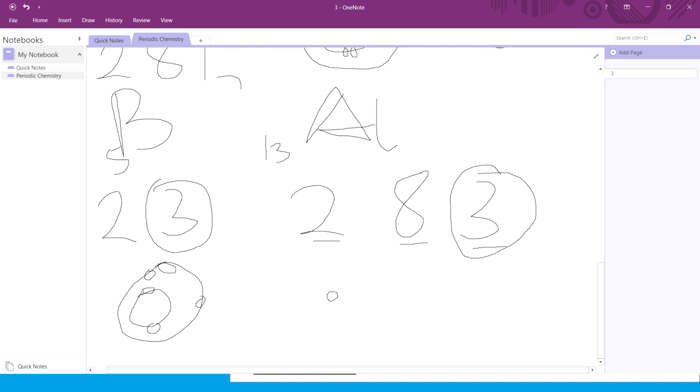Now let's look at aluminium too. This is one electron, that is another electron. We are going to the next shell: one, two, three, four.